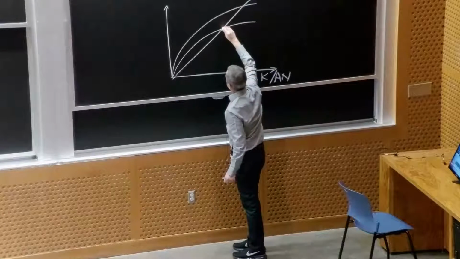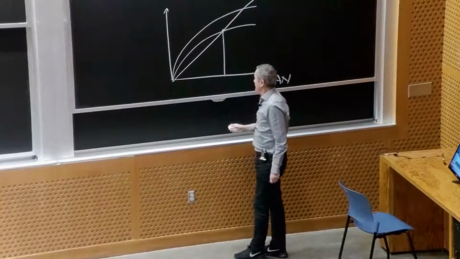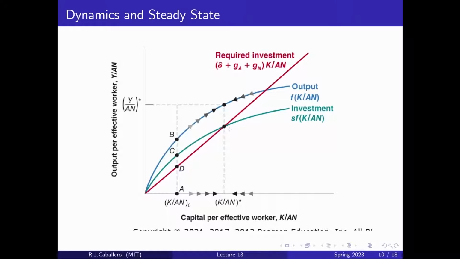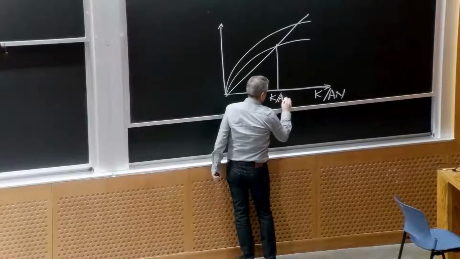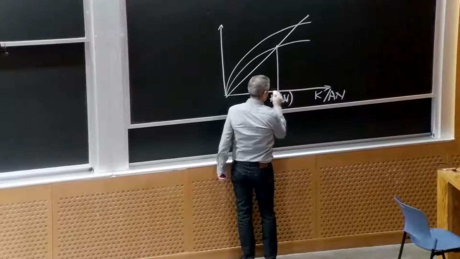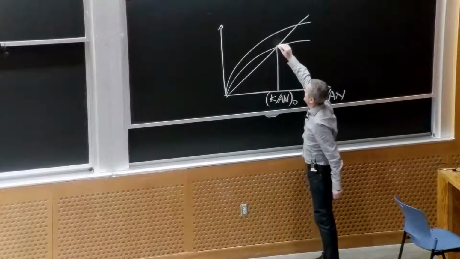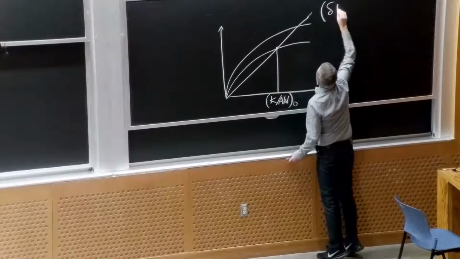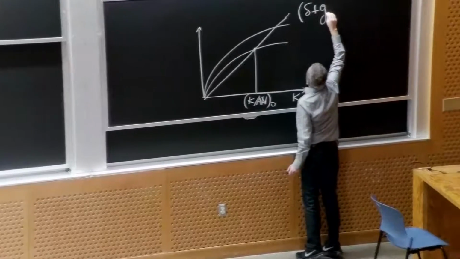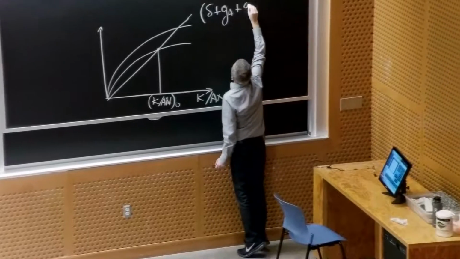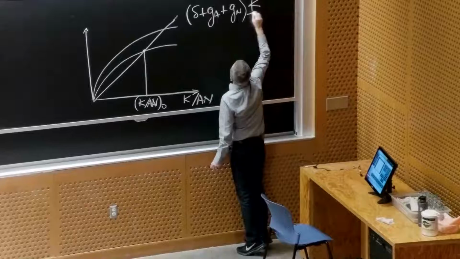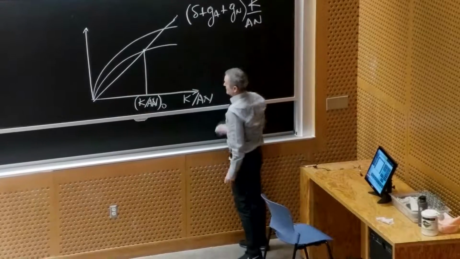So we're here. That's our initial steady state. And this line here is delta plus GA plus GN times K over AN.